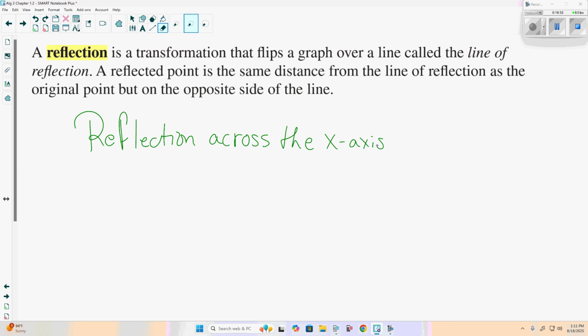And if we have a reflection across the x-axis, the a value is negative. The number in the spot where a is, that number outside the parentheses, outside the absolute values, if that number is negative, it's a reflection across the x-axis.